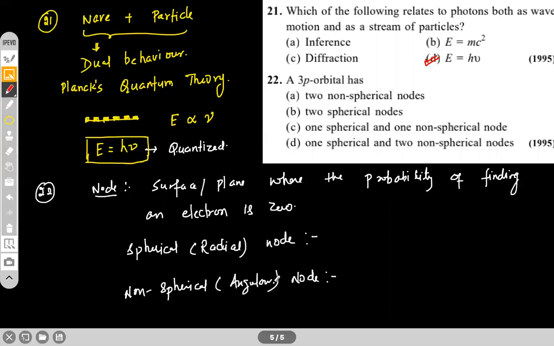Now, the formula for this we know: n minus L minus 1 for radial nodes, and L for angular nodes.